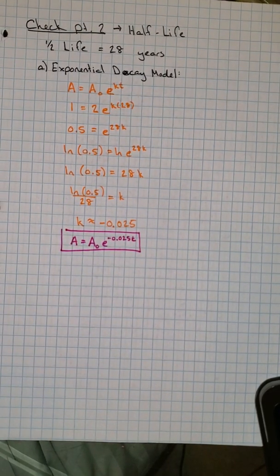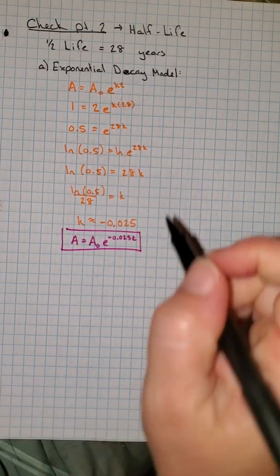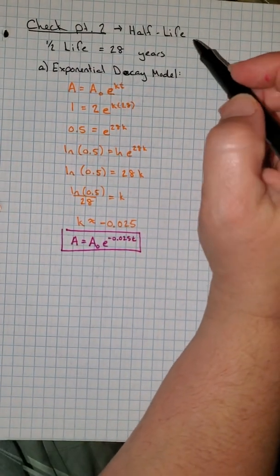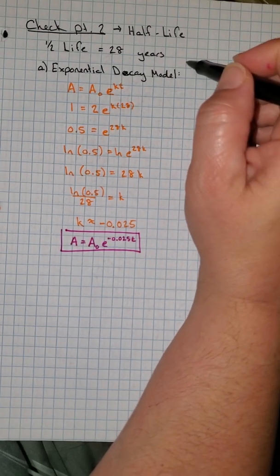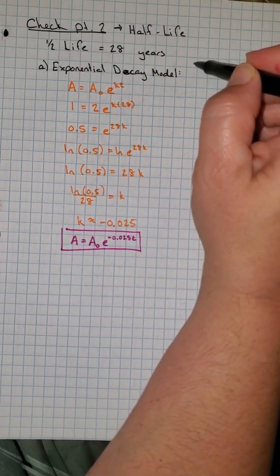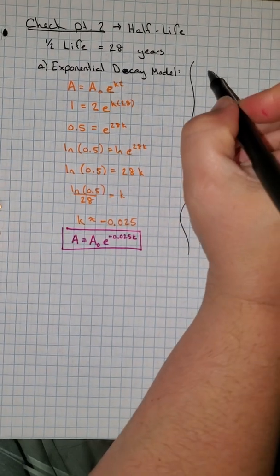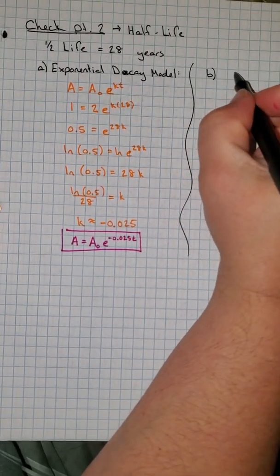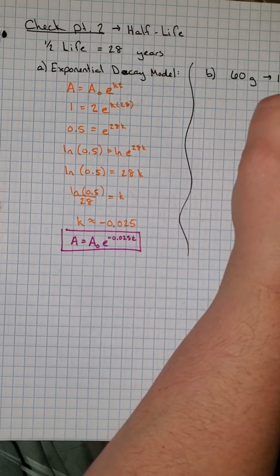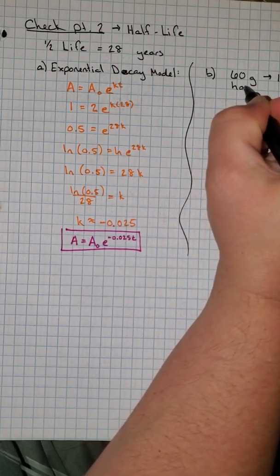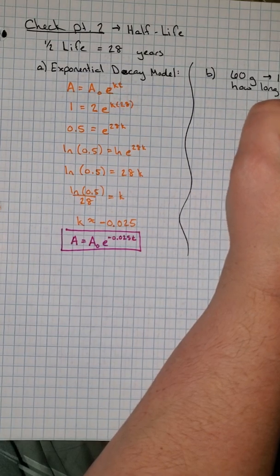Now part B, it says suppose there is a nuclear accident and releases 60 grams of strontium-90 into the atmosphere. How long will it take for strontium-90 to decay to 10 grams? Okay, so we're doing 60 grams to 10 grams, and we want to know how long will it take.